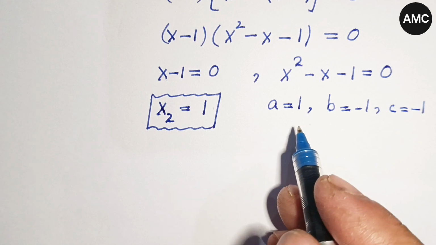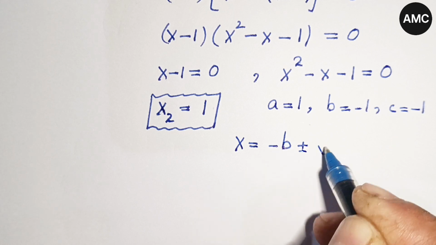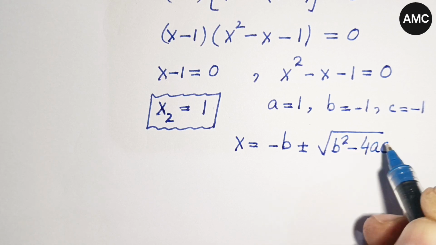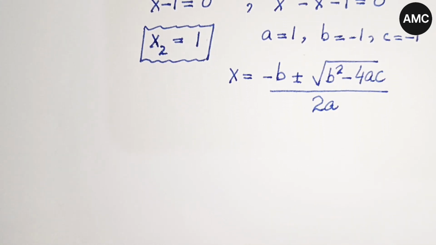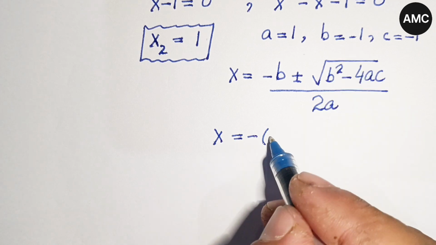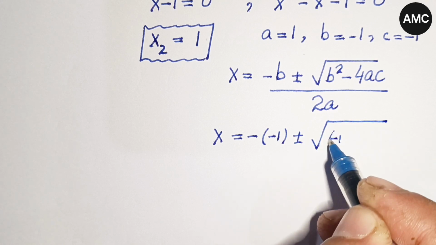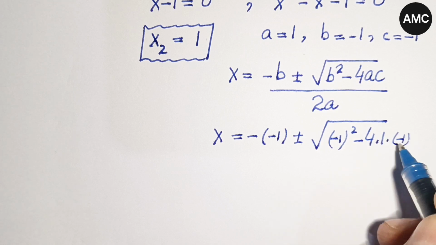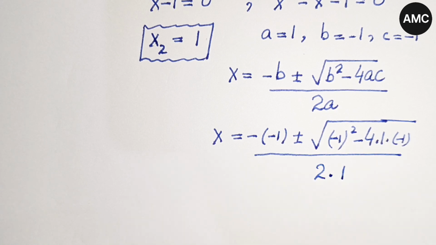According to the quadratic formula, x is equal to −b ± square root of b squared − 4ac, all over 2a. Here we have x is equal to −b, the value of −b is 1, ± square root of (−1) whole squared, minus 4 times a is 1, c is −1, all over 2 times a is 1.